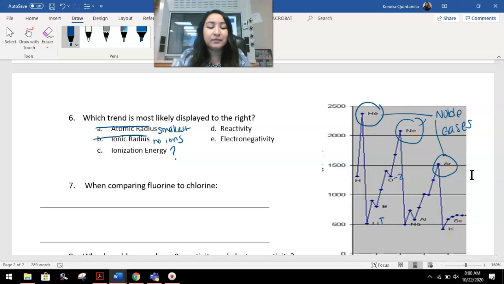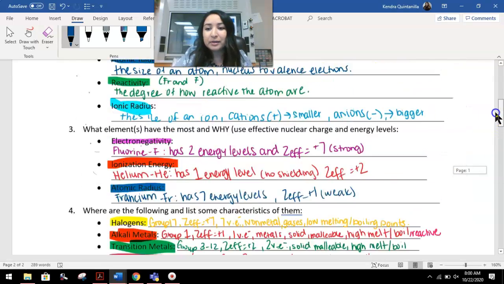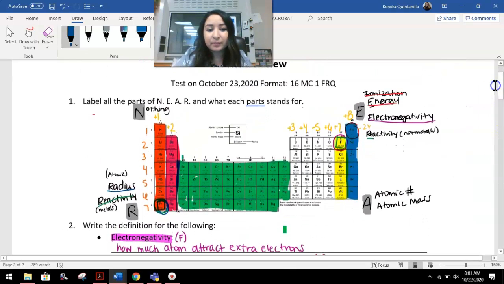Now, reactivity is basically the degree to which an atom will react with another atom or another compound or substance. So does helium react? Let's look at our trends. I have R for reactivity, which is for metals. Helium is not a metal. Helium is a gas, so it's not there. And then for reactivity for nonmetals, we boxed in fluorine.